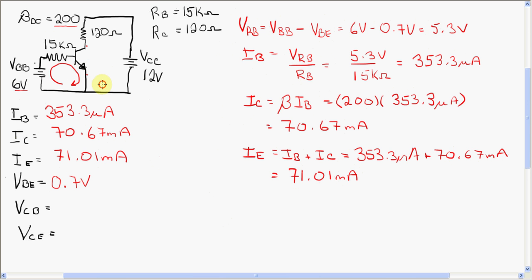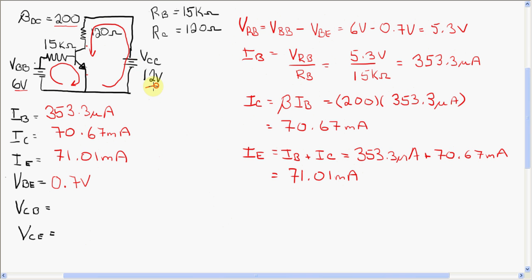Now we have to deal with this larger current and voltage loop. Again, remember there are two ways in, currents flowing in the base or in the collector, and all currents come out the emitter. In this loop, what we'd like to find next is VCE.